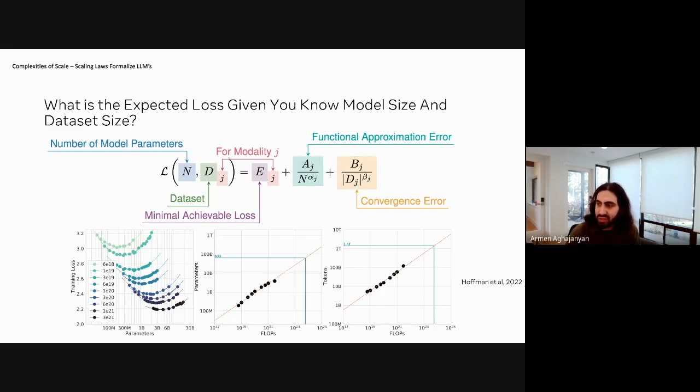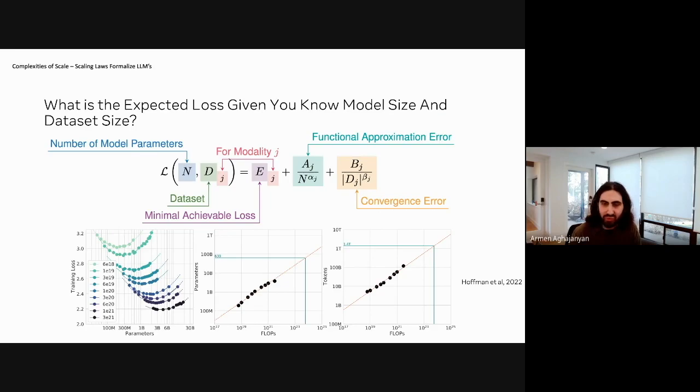break down the loss as there being some minimal achievable loss. This is the natural entropy that exists in the text, plus two errors. One error that you get from the functional approximation, which is a function of the number of parameters in the model. And then you get some optimization or convergence error, which is a function of the number of data points that you have.